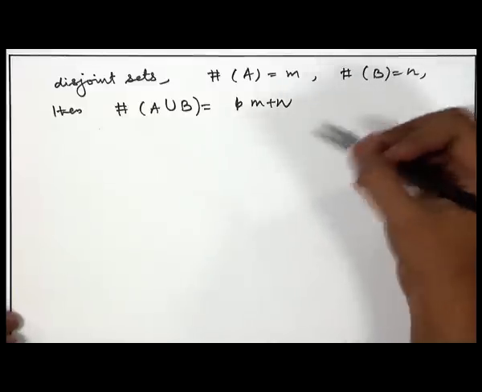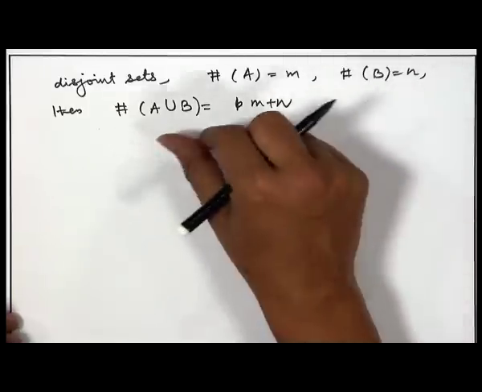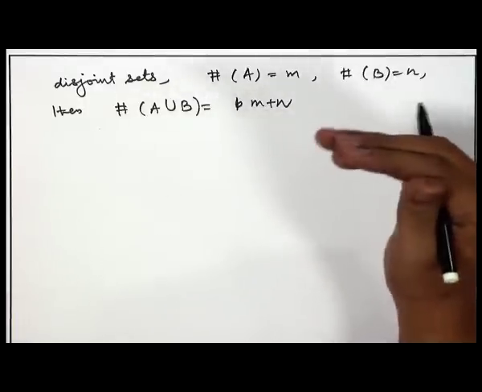So, basically it means that the number of ways, if you are considering several things, can be simply accumulated, that means you can add them.